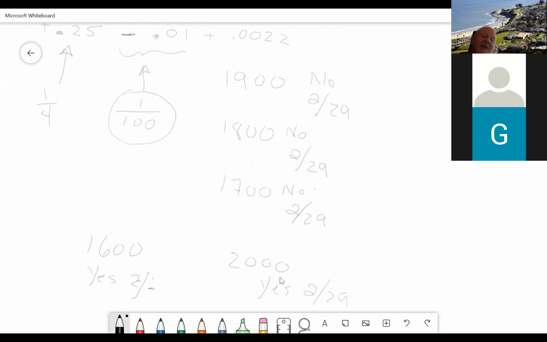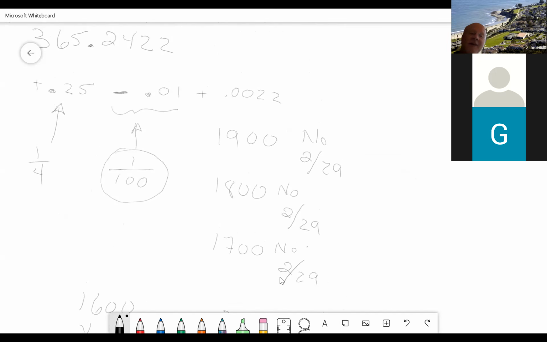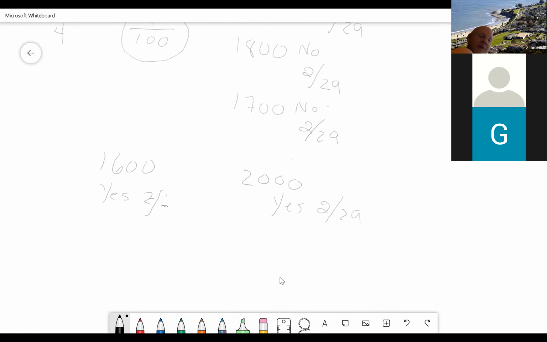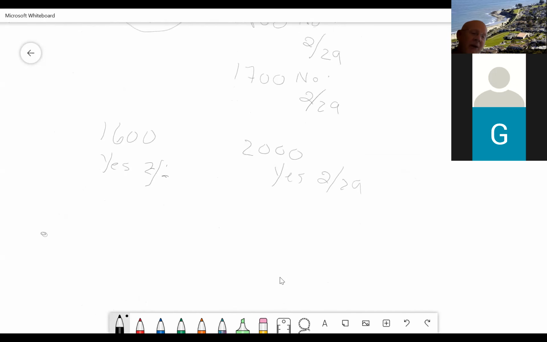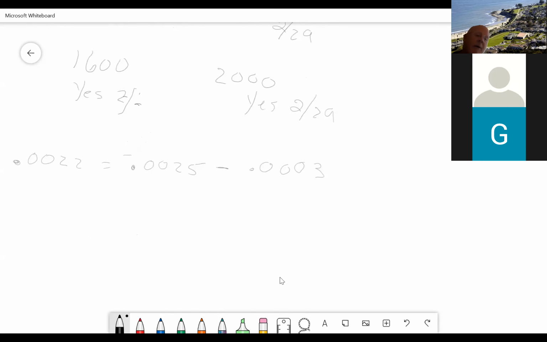And the answer to that is back here, this number right here. You can think of 0.0022 as being 0.0025 minus 0.0003. And that number, oops, I meant to put plus.